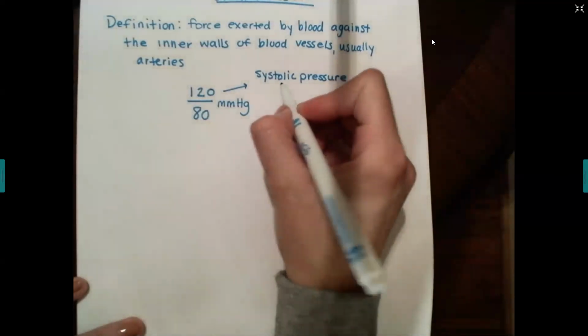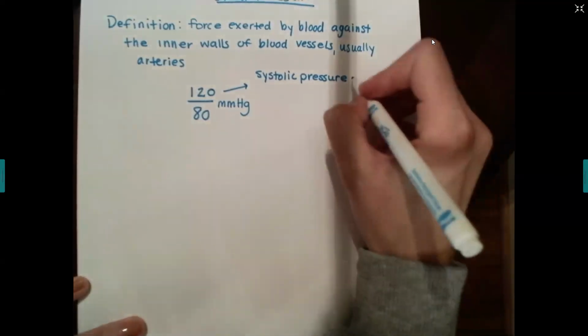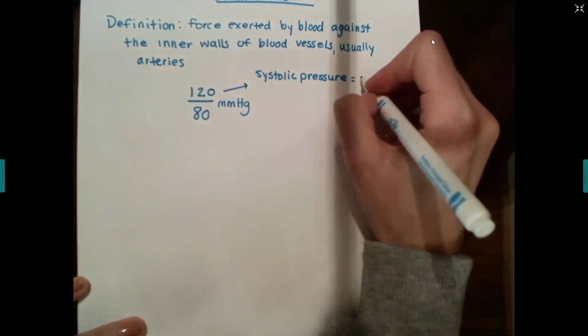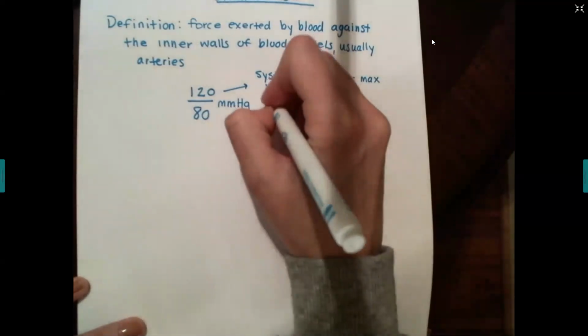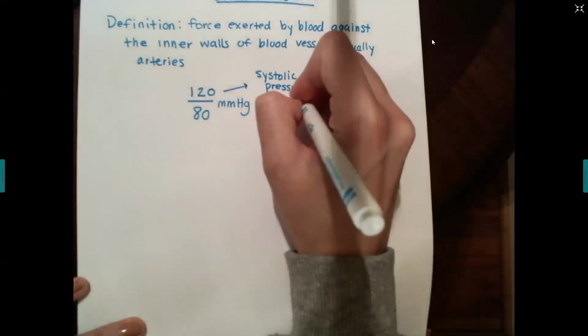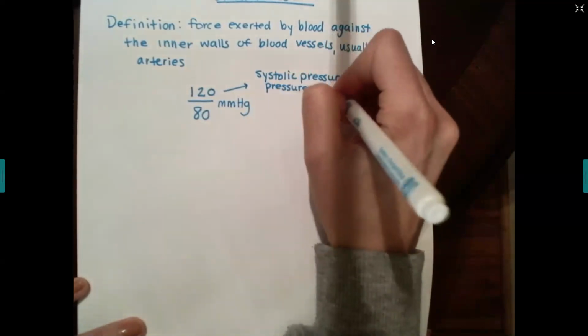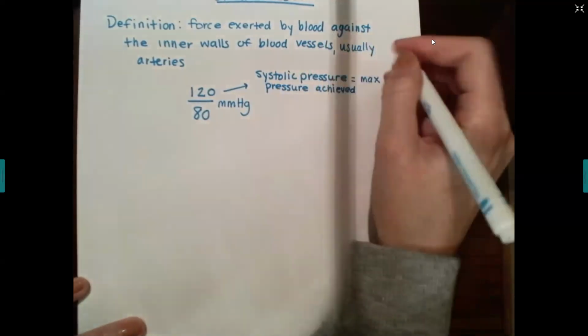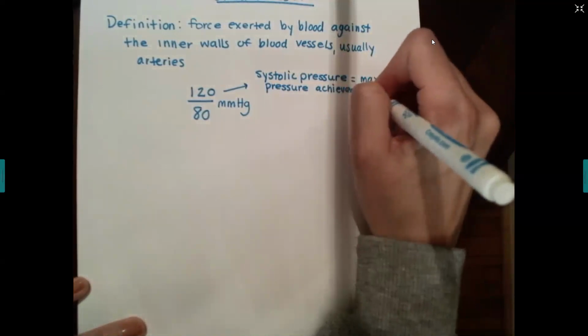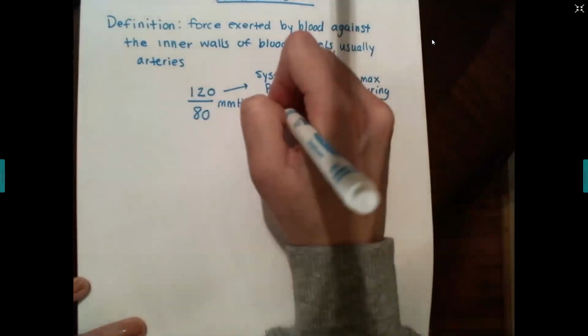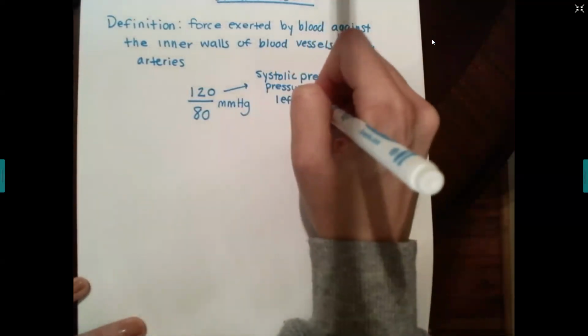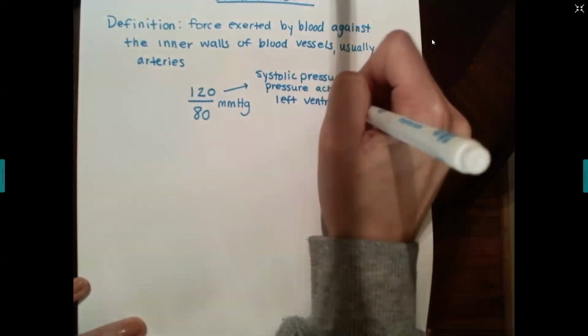So this systolic pressure is going to be the maximum pressure achieved during left ventricular contraction.